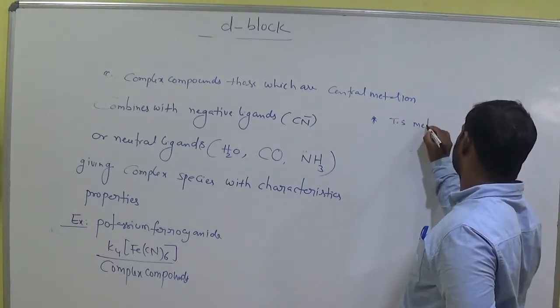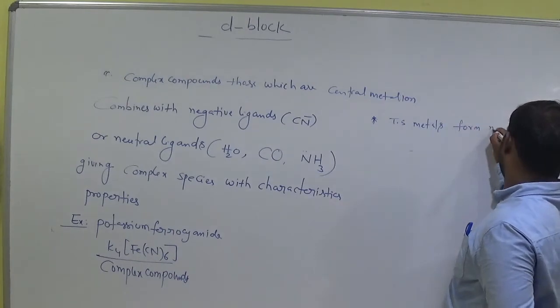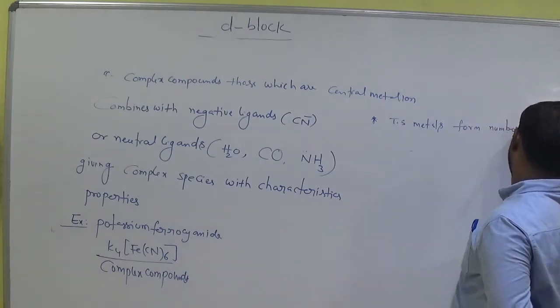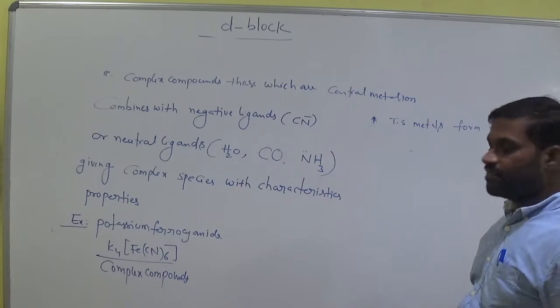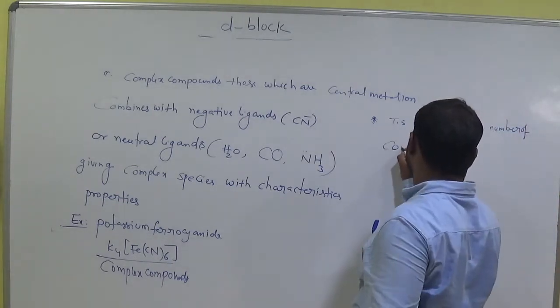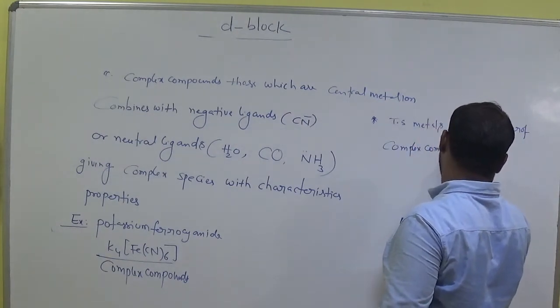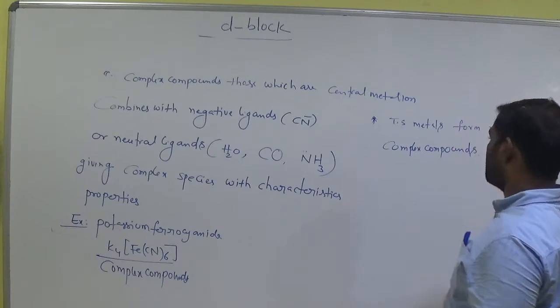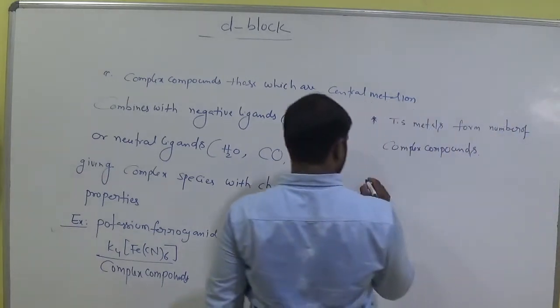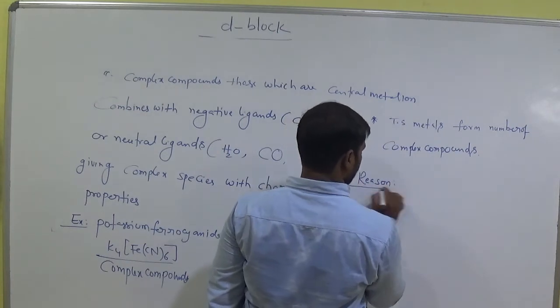Transition metals form a number of complex compounds. What is the reason?